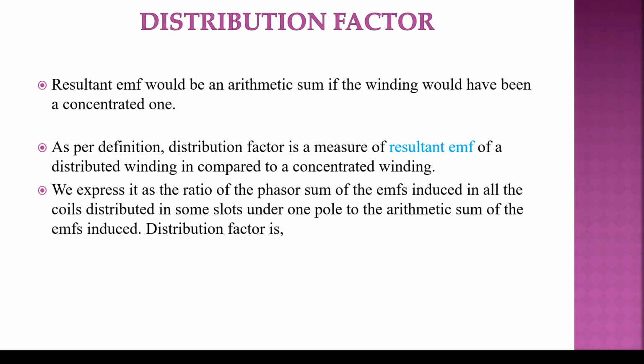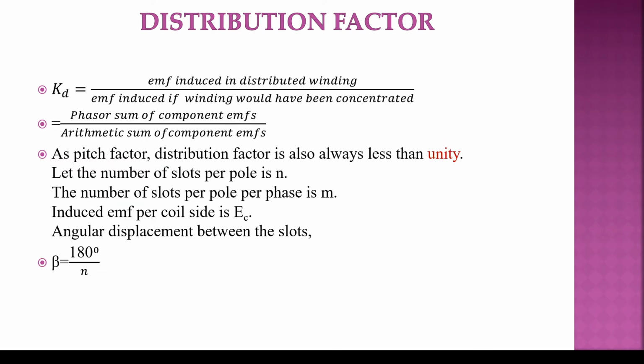As per definition, the distribution factor is a measure of the resultant EMF of a distributed winding compared to a concentrated winding. When we express this as a ratio, it is the ratio of the phasor sum of EMFs induced in all the coils distributed in some slots under one pole to the arithmetic sum of EMFs induced. So the distribution factor KD is equal to the EMF induced in the distributed winding divided by the EMF induced if the winding had been concentrated.